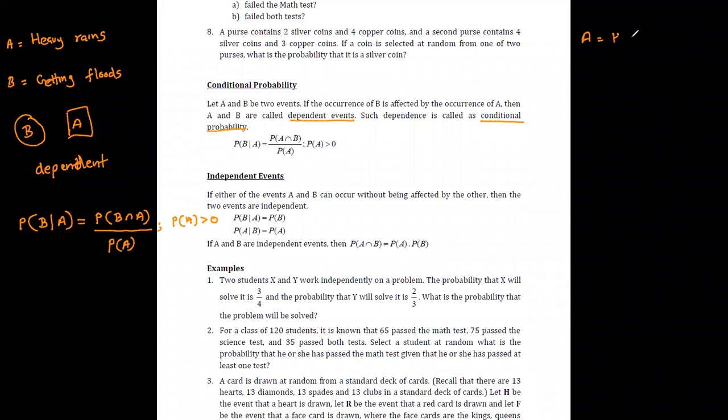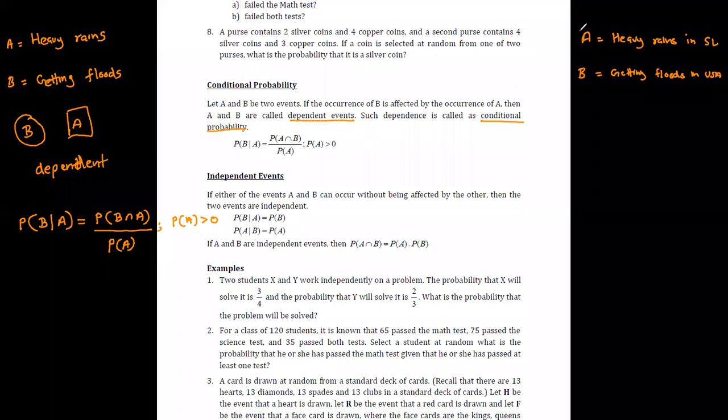is getting heavy rains in Sri Lanka, and suppose that event B is getting floods in USA. Suppose these are the two events.